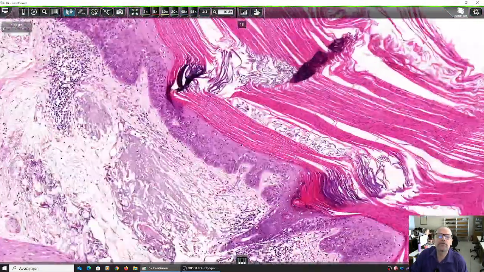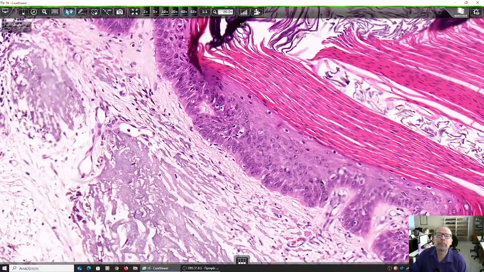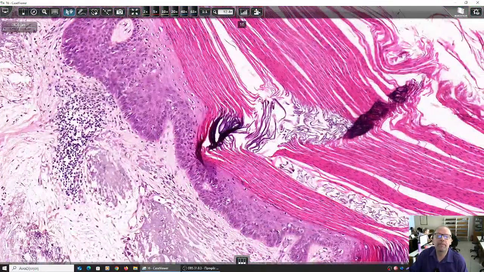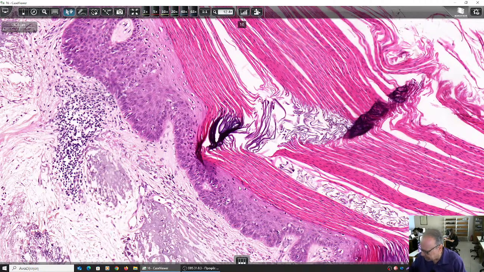I want you to see here, bless you, the thickness of this basal layer by comparison to the thickness of the keratinocytes, the ones that have cytoplasm. Which one do you think is increased? The layer with the mature keratinocytes or the layer of the basal-looking cells? Which one do you think?